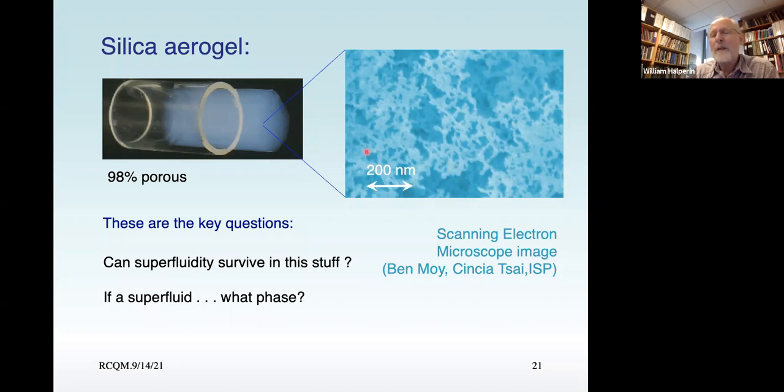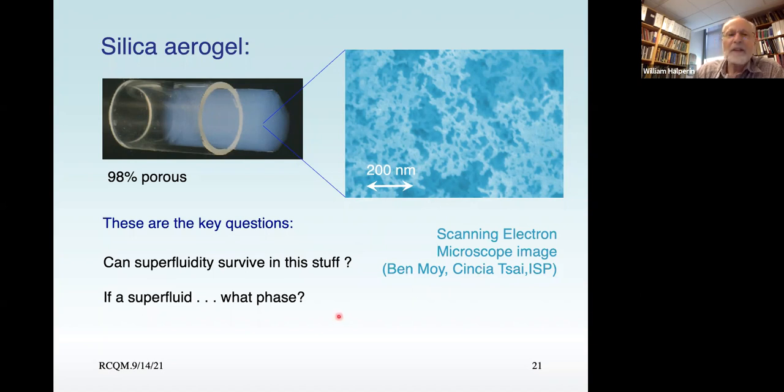The mean free path is actually larger than that. So that's approximately the scale of the size of this image that I'm showing you. And this is a SEM picture, which was taken by undergrads.